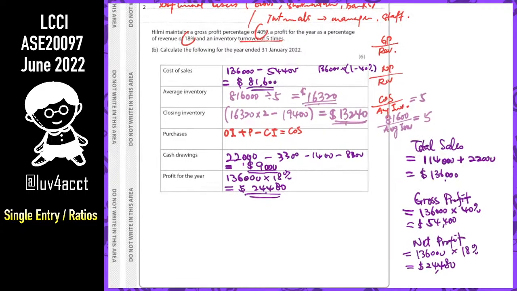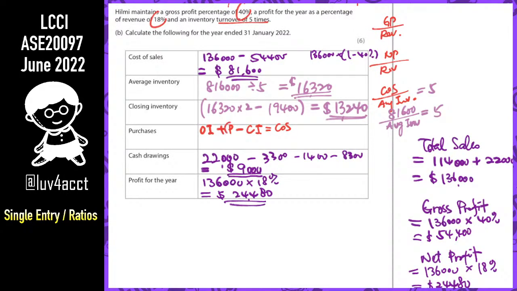We have 3 items already. We don't have purchases. So purchases is equal to cost of sales 81,600 minus opening inventory 19,400 plus closing inventory.